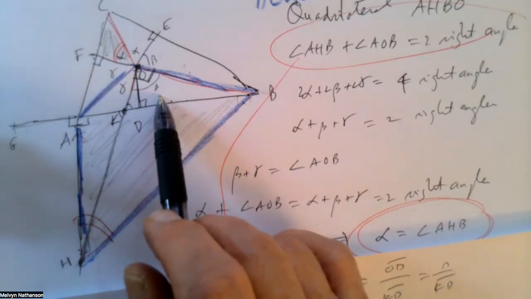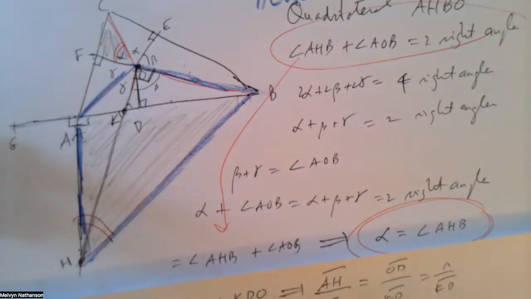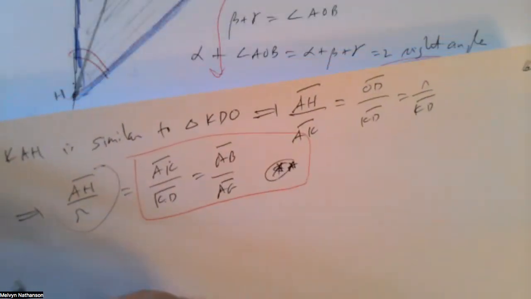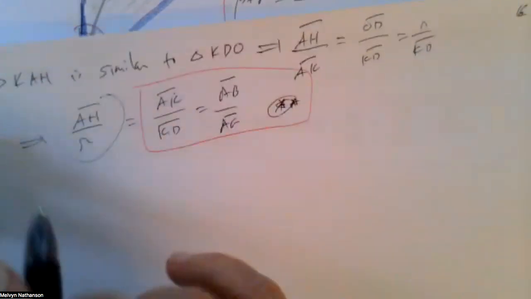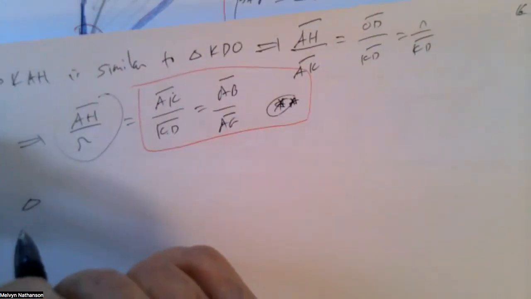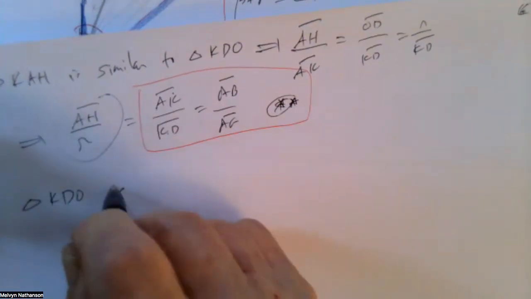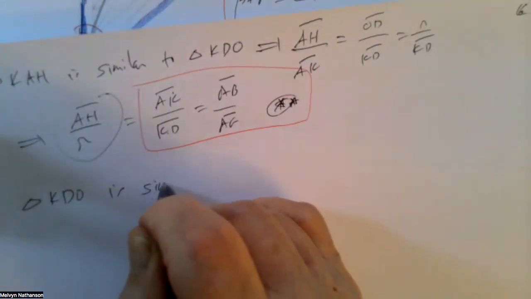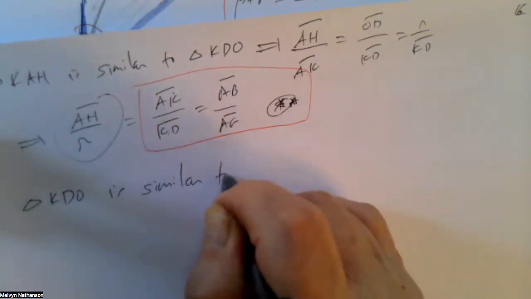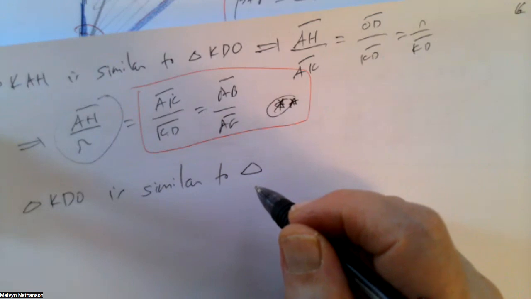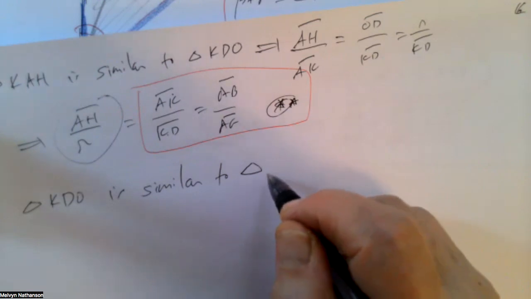So this triangle and this triangle are similar. So triangle KDO is similar to triangle ODB.